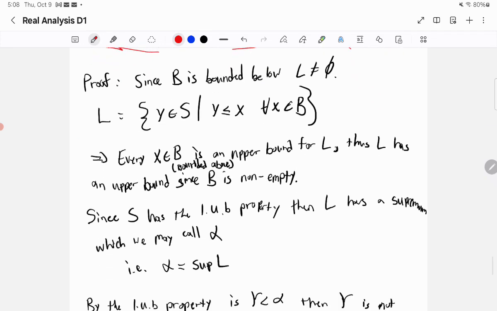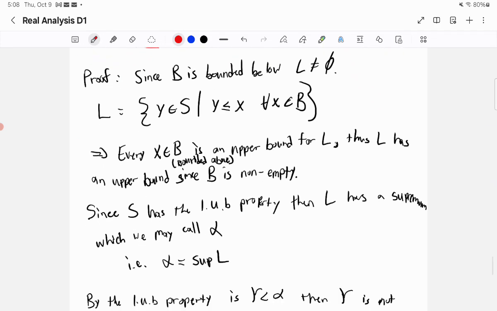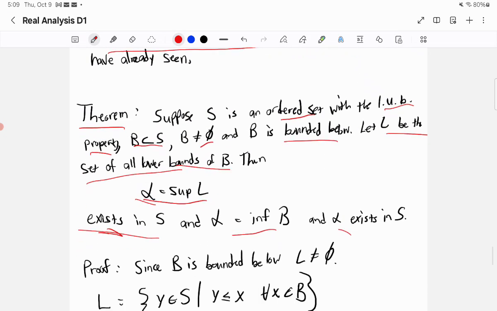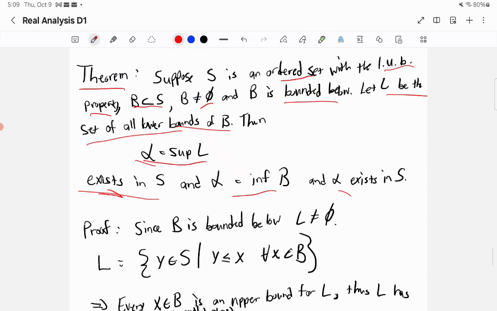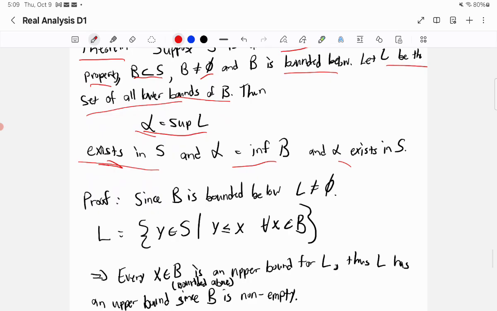Let's get into the proof. Since B is bounded below, it's clear that L is not the null set. It's not empty, right? L is the set of all of the lower bounds, and we just said that B is bounded below.